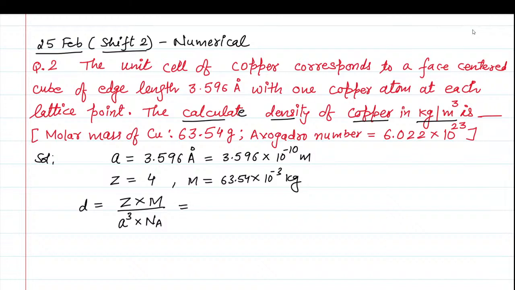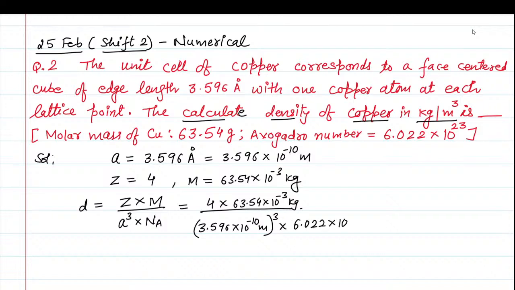Just put the values: Z is 4, and M is 63.54 into 10 raised to power minus 3 kilogram, divided by a, which is 3.596 into 10 raised to power minus 10 meter cube, and Avogadro's number 6.022 into 10 raised to power 23, right?